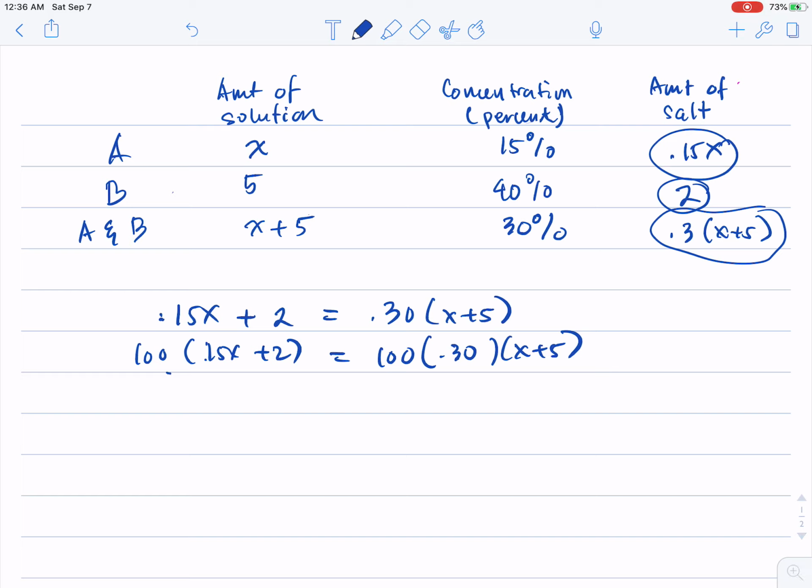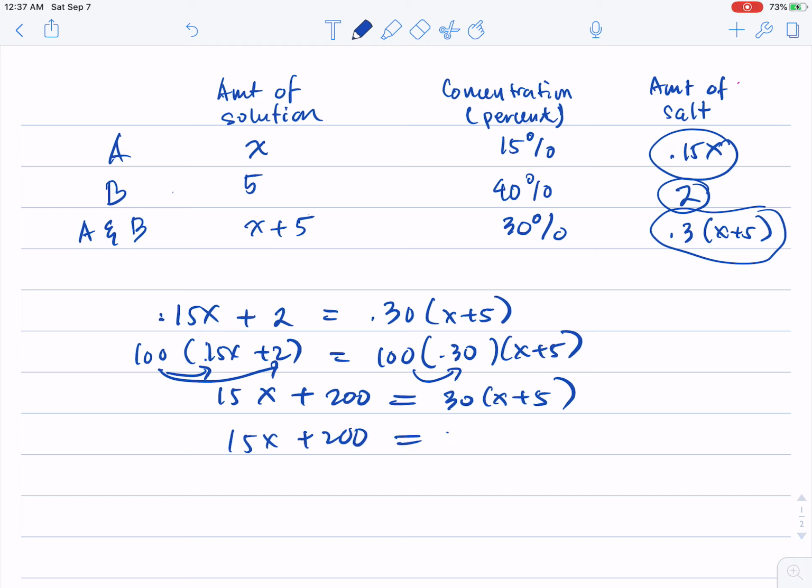By distributive property, 100 times 0.15 is just 15, and then we have an x plus 100 times 2 is 200. This is equal to, pag minultiply itong dalawa, 30 times x plus 5. Okay? So, simplifying, we have 15x plus 200 equals 30x plus 30 times 5, 150.